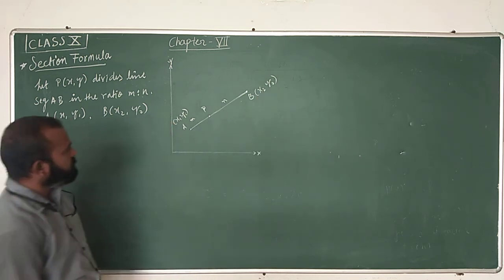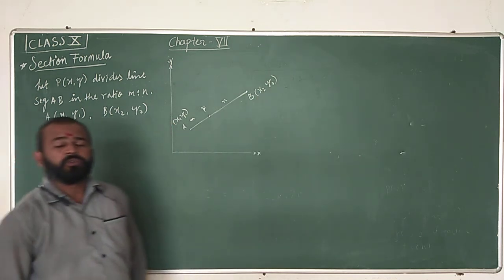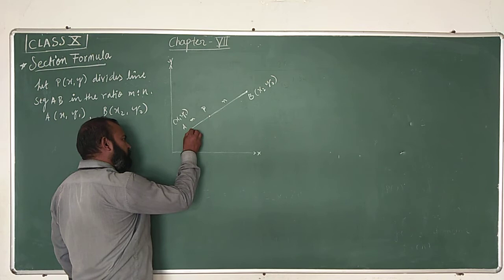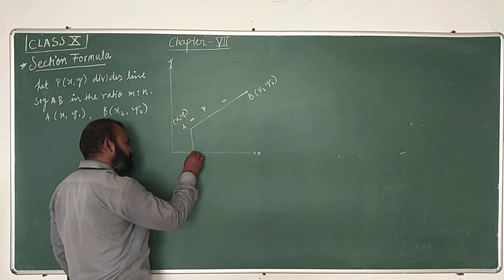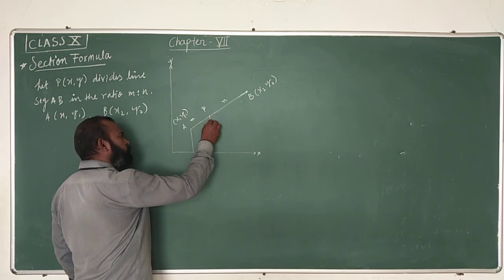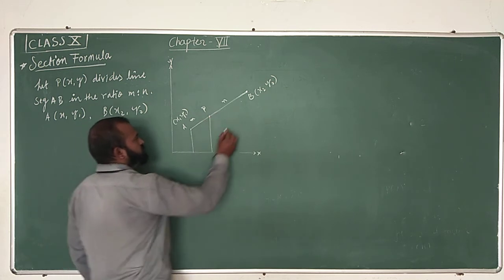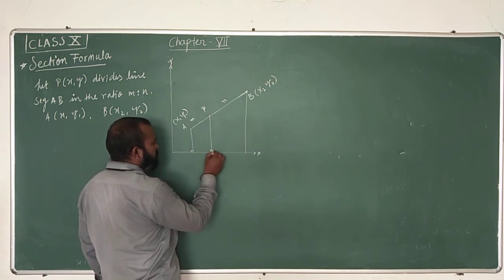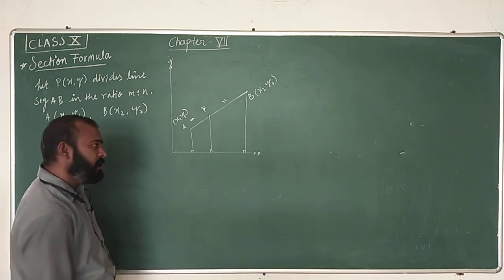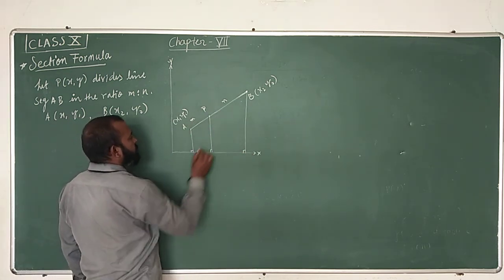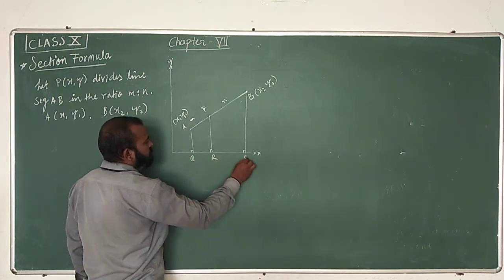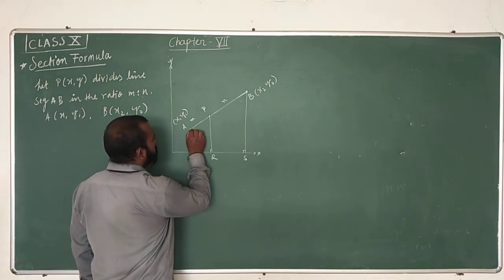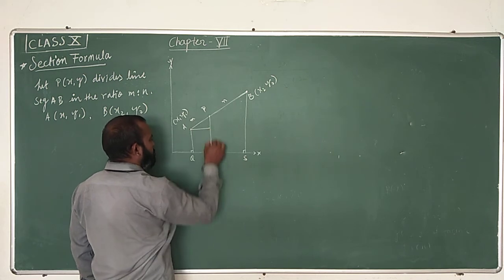Right? Now A, P, B we have taken, and Q, R, S. Also draw a perpendicular from A to PR.